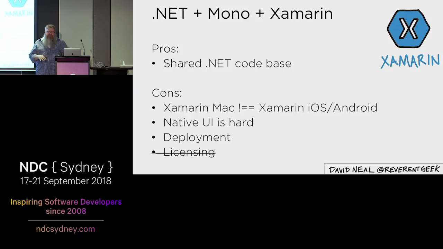And at the time, this was before Microsoft had acquired Xamarin, so licensing was a deal breaker for me. It was $1,000 a year for a license for Xamarin Mac, and that was too much to swallow for the kinds of one-off utilities and things that I needed to create that I wasn't going to be selling. These were just to help some customers.